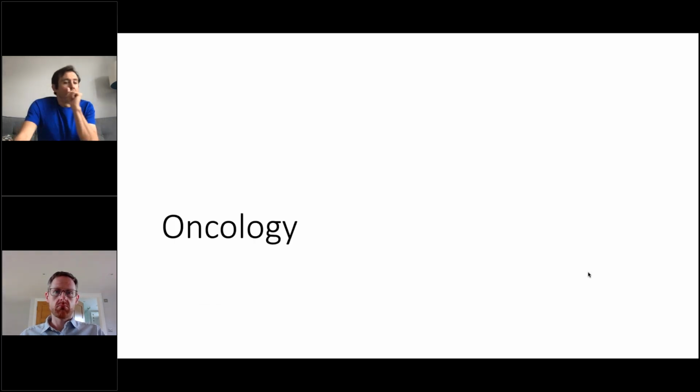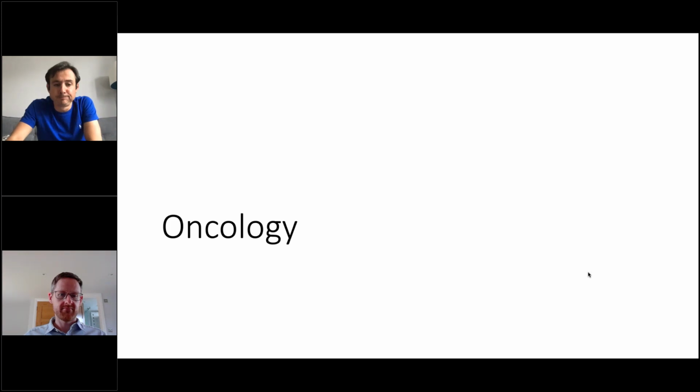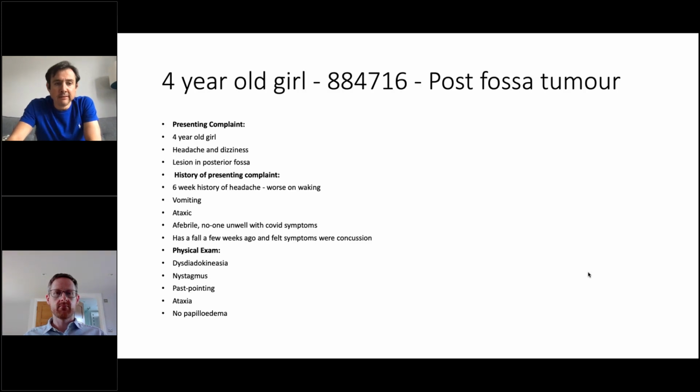Good. So I've just included a couple of oncology cases to round up. I think I've got about 10 minutes. So oncology. This was a 4-year-old girl, presented normally fit and well, with a 6-week history of headaches, worse on waking, which is really a key sign that we ask for.